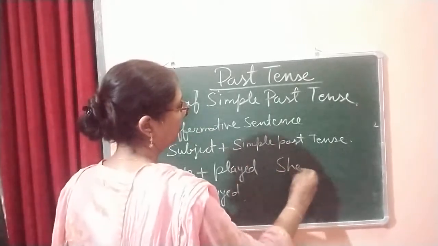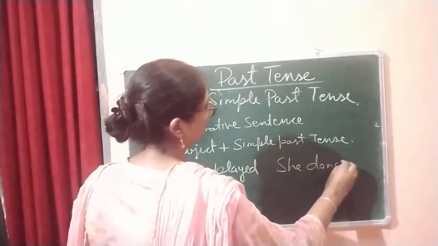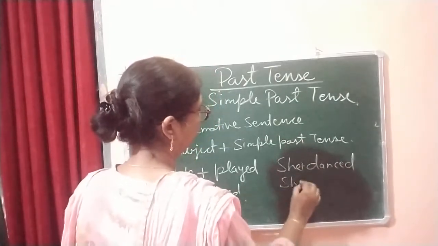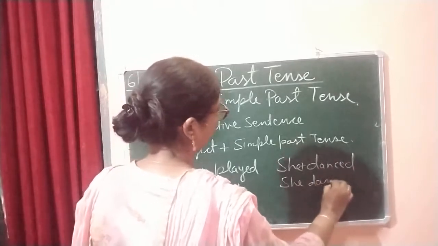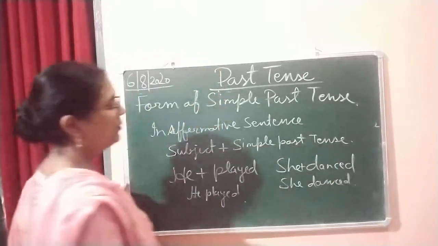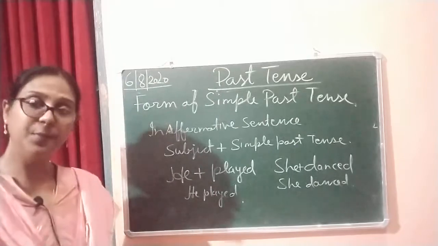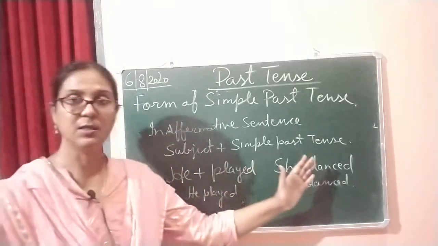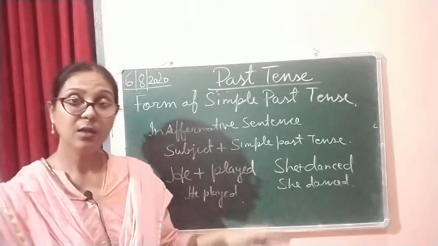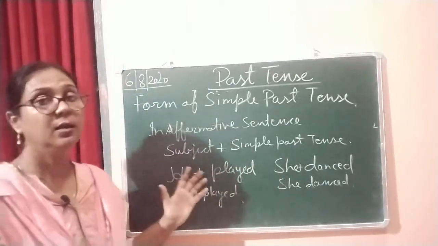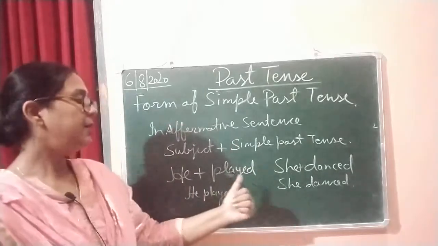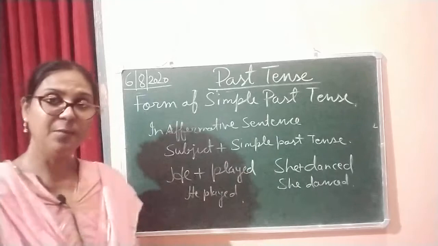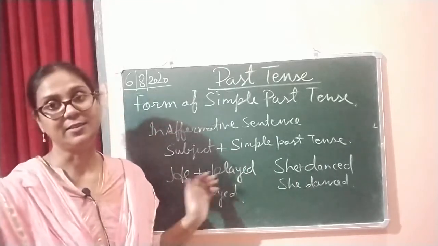She danced. So these are affirmative sentences in simple past tense. So we use subject plus simple past tense to make he played, she danced. This way we can make simple past tense sentences.